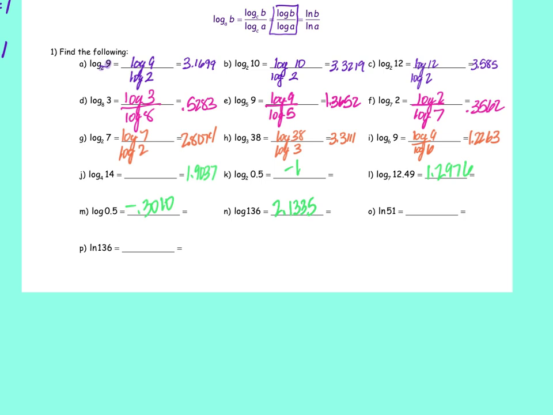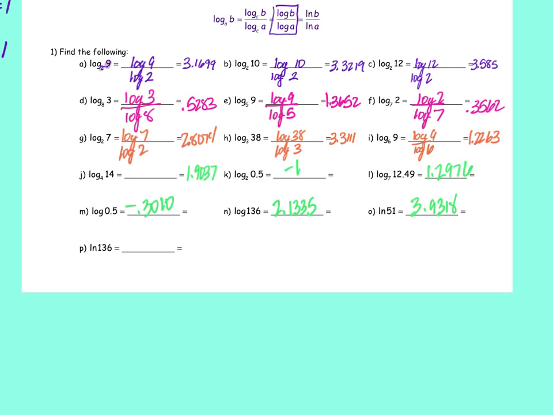And then the last two, and then I'm going to talk about this a little bit. The last two say ln of 51. Remember, ln is the natural log according to our paragraph up above. And if you look on the right above the logs on my calculator here, it says ln. So I'm going to push ln of 51, and I'm going to get 3.9318. Okay?